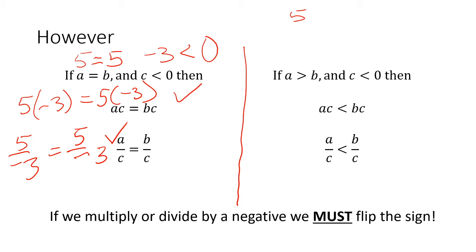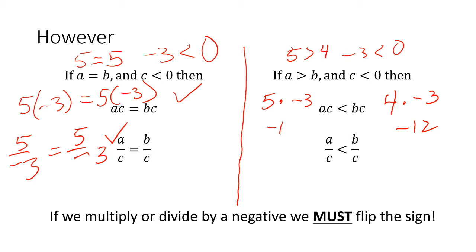Let's look at it. 5 is greater than 4, and negative 3 is less than 0, then 5 times negative 3 and 4 times negative 3, well, which one's bigger?